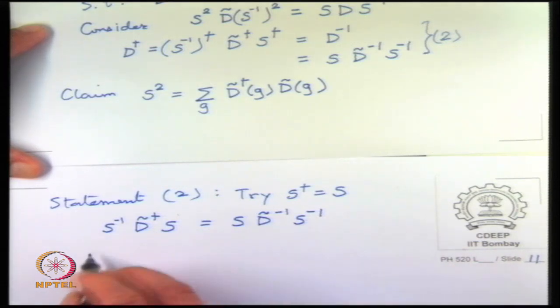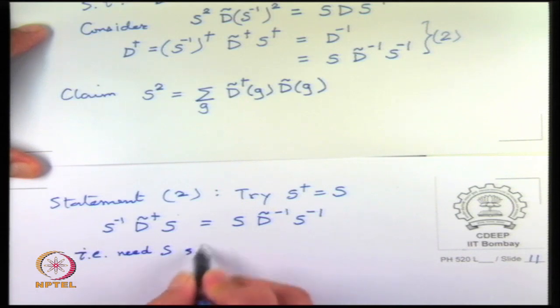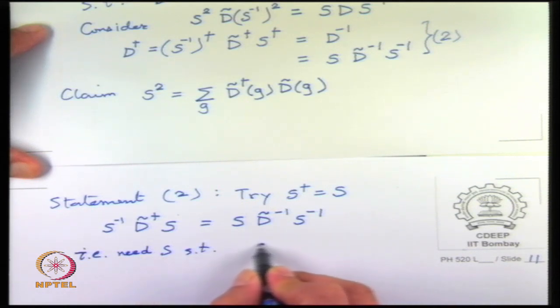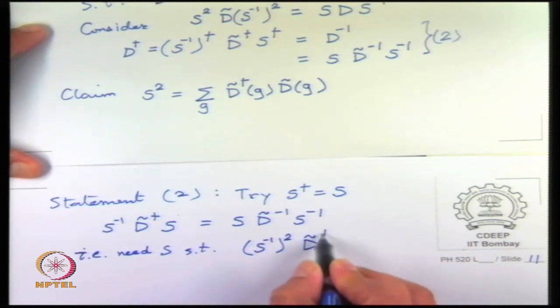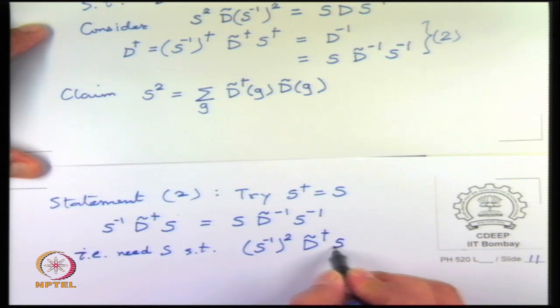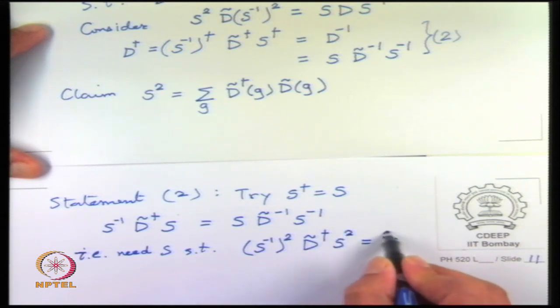and therefore it is equivalent to, i.e. need S such that S inverse square D tilde dagger S squared is equal to D tilde inverse.